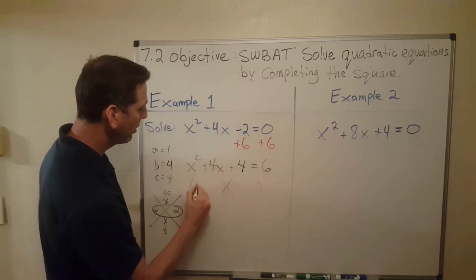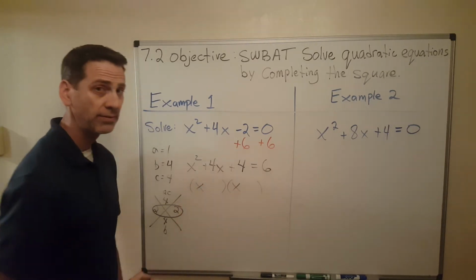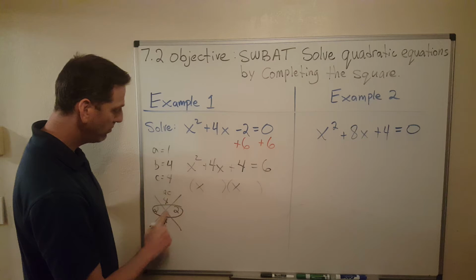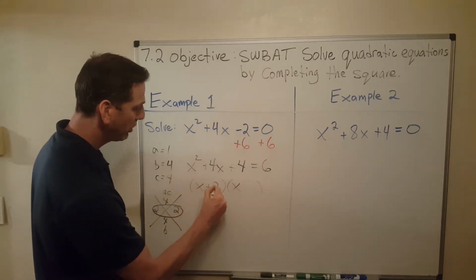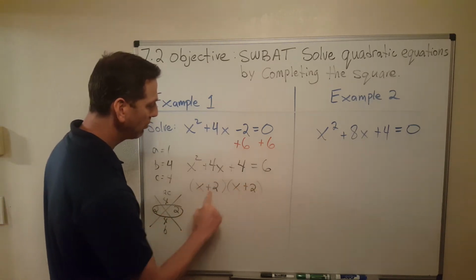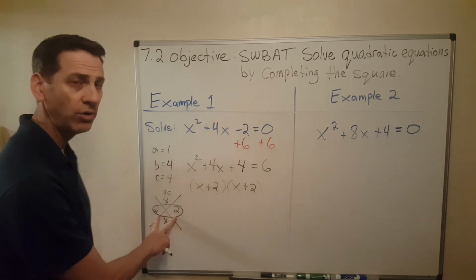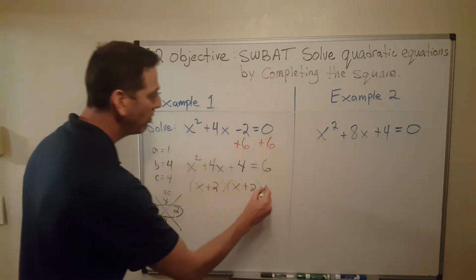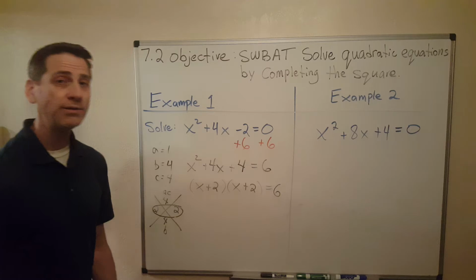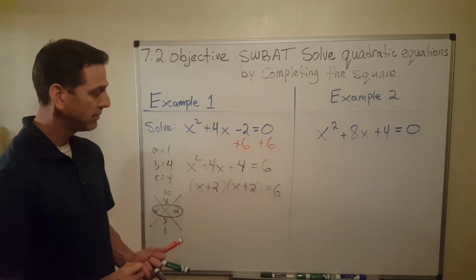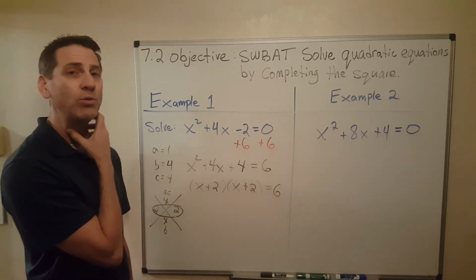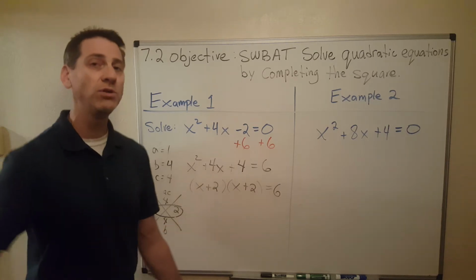So to factor x squared is just x times x. And then these are going to be our two magic numbers. Plus 2, plus 2. I got plus because these are positive 2's. Okay, and don't forget, this is an equation. Set it equal to 6. Okay, so now you notice that we have two sets of x plus 2's.